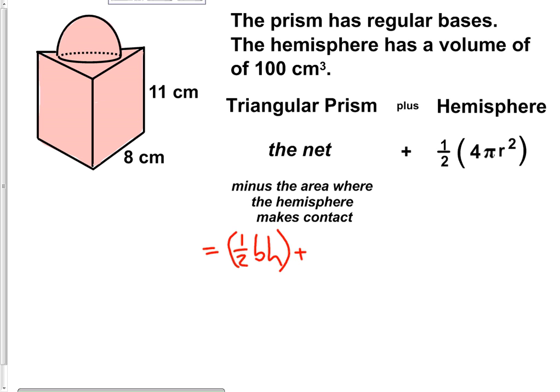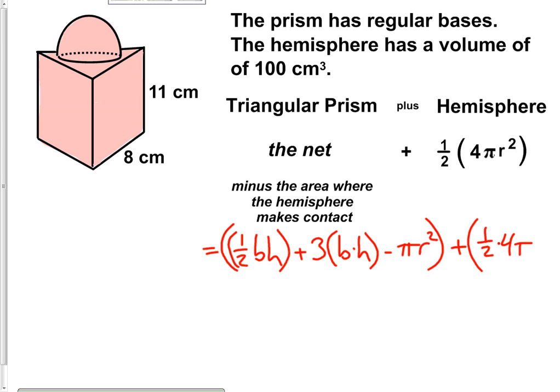Then we're going to have to add to that 3 rectangles for our lateral faces. And then from that, we have to take away where the hemisphere makes contact. So our formula actually looks like this: 1 triangle plus 3 rectangles minus 1 circle. And then, of course, we have plus 1/2 of 4 pi r squared.